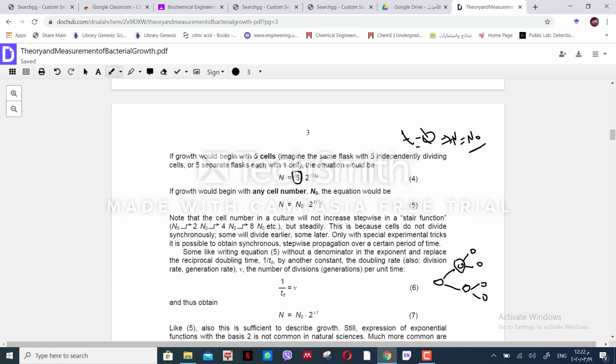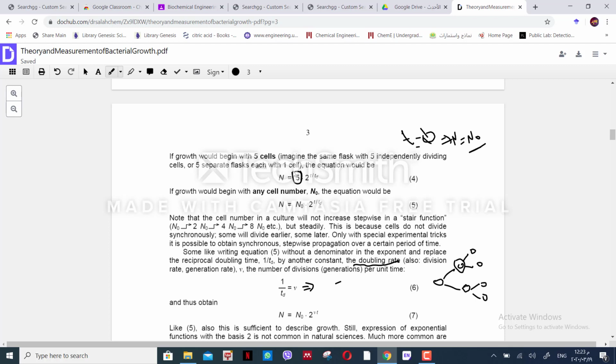It is useful to write equation 5 without a denominator in the exponent and replace the reciprocal doubling time 1 over Td by another constant, the doubling rate. So V will equal 1 over Td, and this is known as the doubling rate. Since we have Td variable according to the type of microorganism, we instead use the doubling rate V, which equals 1 over Td.